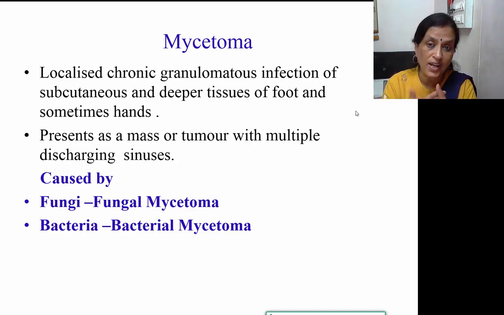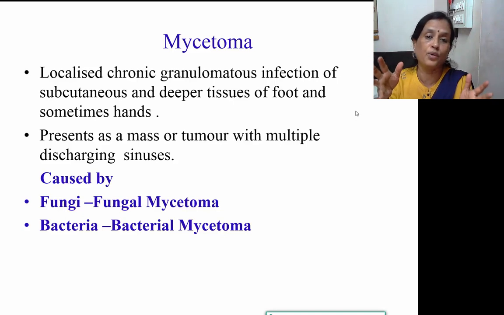Here this is localized. See, one terminology, localized, it remains. Chronic granulomatous, not acute, it's a chronic process. What tissues are infected? Subcutaneous and deeper tissues. Which organ, which place? The foot, most common, and then sometimes hands.